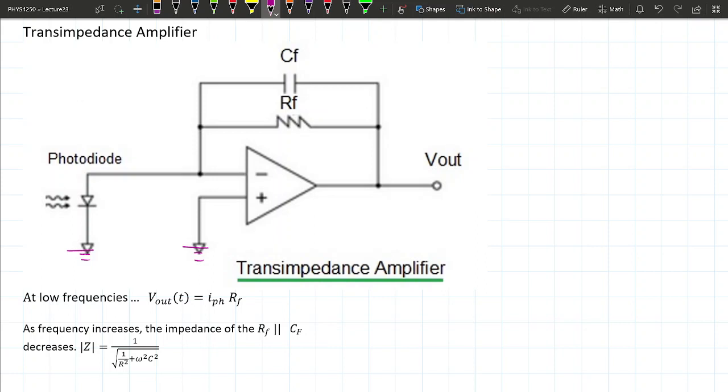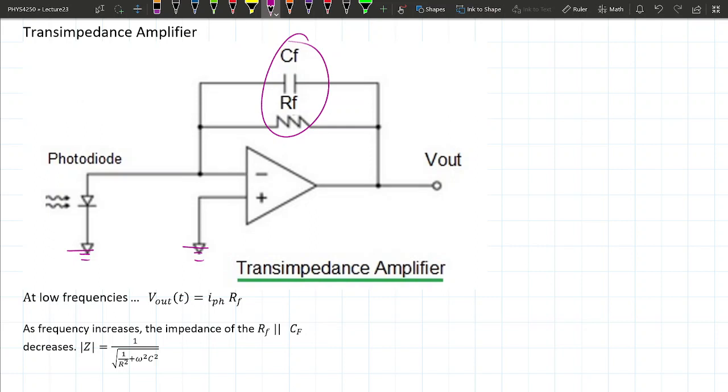Okay, and you put the photodiode, the other end, into the inverting input, right? And then you put the non-inverting input to ground also, and you just have a little resistor and capacitor to it. Essentially what you need is just a resistor, okay? The capacitor is there to kind of remove the high frequency noise, okay?